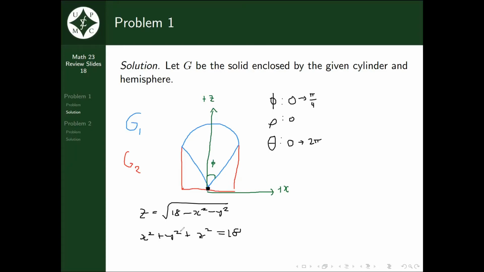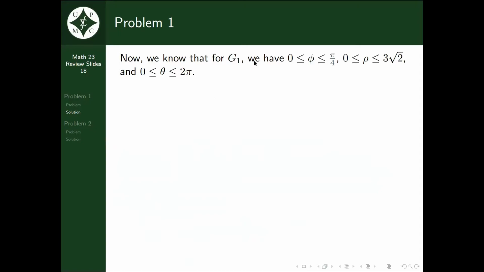But if we recall our spherical coordinate identities, x squared plus y squared plus z squared is just rho squared, so rho squared is equal to 18. So our hemisphere is basically rho is equal to 3 square root of 2. That means that the upper bound of rho is 3 square root of 2. So these are our boundaries. So this reaffirms it.